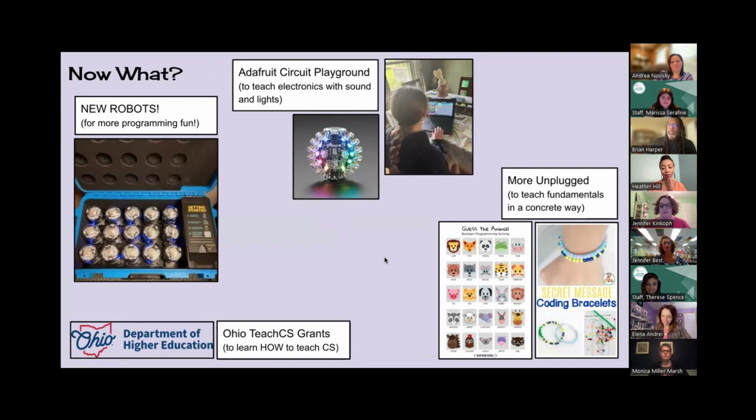I have been accepted to use one of the Ohio Teach CS grants. If you're not familiar, the governor pushed through a grant for $6 million that has allowed K-12 educators to take computer science courses.